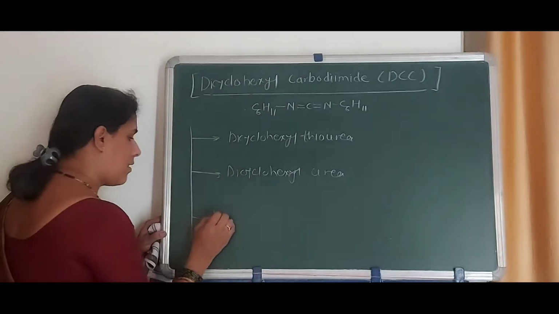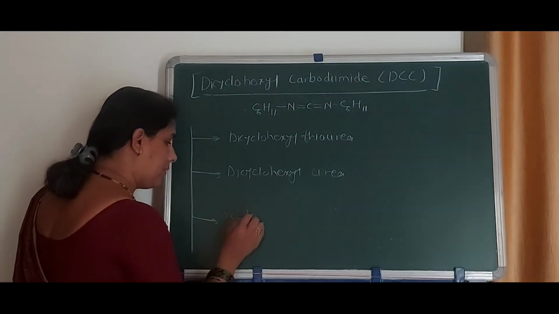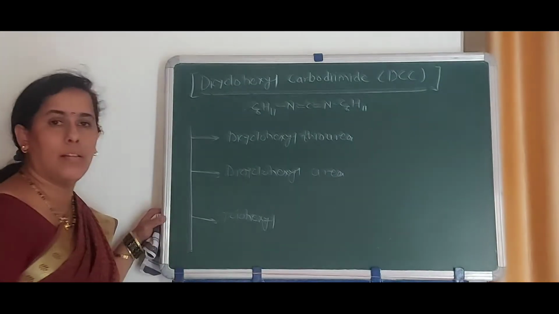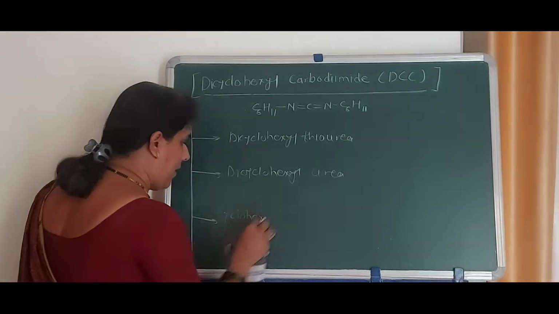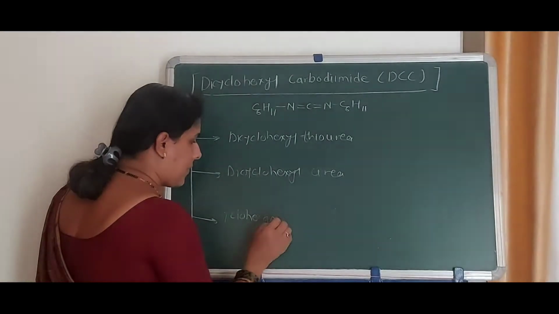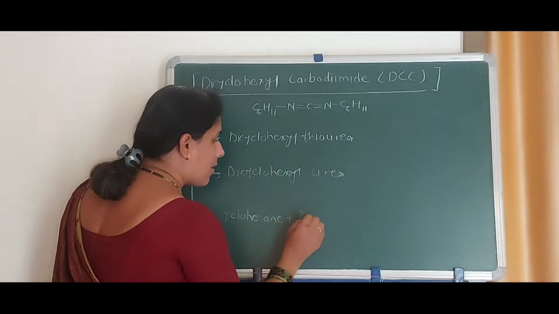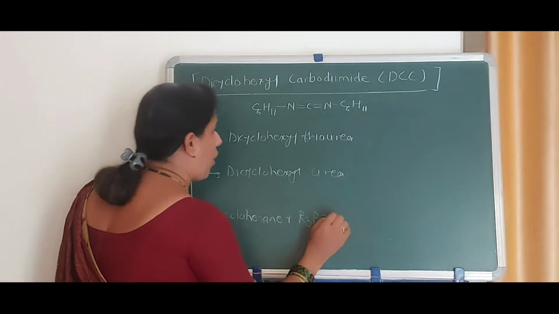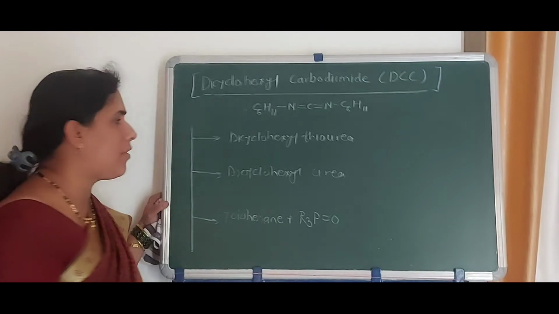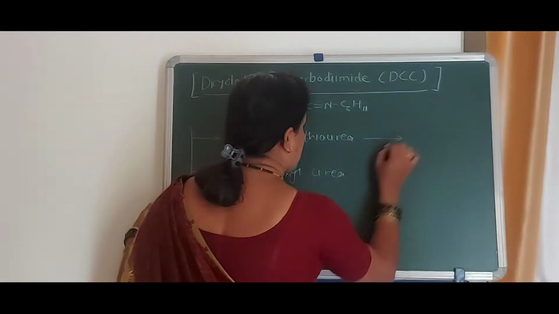Third is cyclohexyl isocyanate, which reacts along with triphenyl phosphine oxide. What are these 3 methods? In short, we just look at these 3 methods.